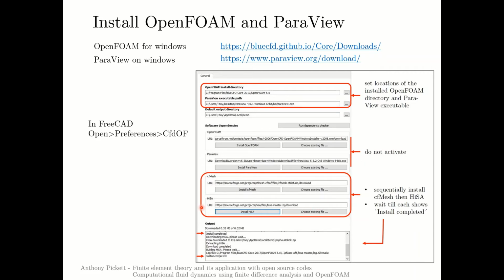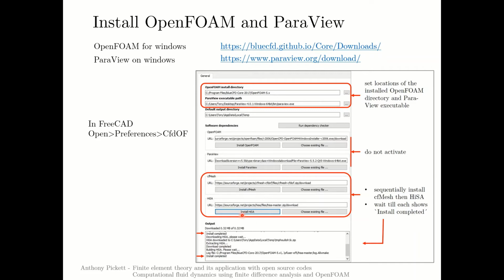And in this part, you have to install the two meshing softwares. Simply click on Install CfMesh, and it will download this from this SourceForge location on the internet. I warn you, it takes a long time. This might take 40-50 minutes to install on a PC.